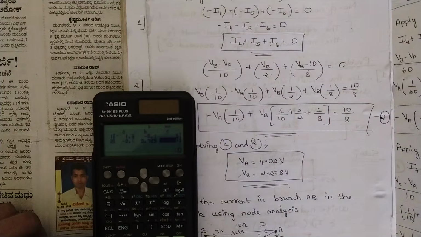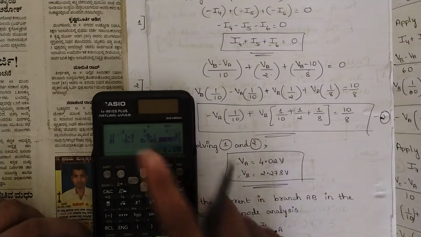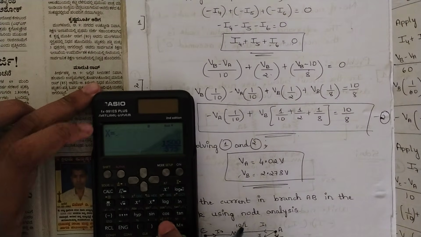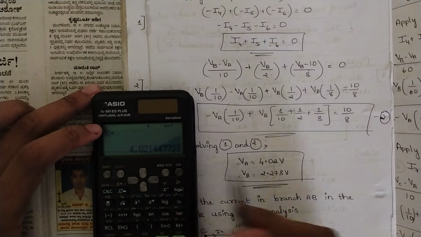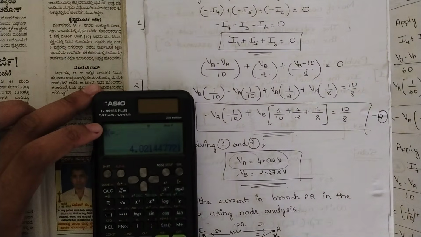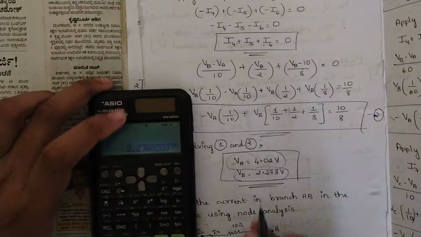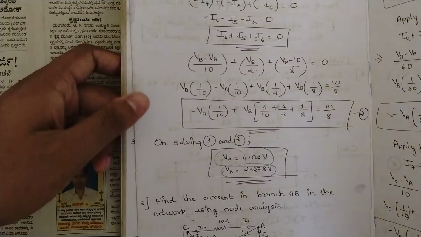Then we have 10 by 8. Like this you have stored all the values, press equal to. Here we will get 2 values: first is the value of VA, 4.02, and next is the value of VB, 2.27. Like this we should find the node voltages. Hope this is clear.